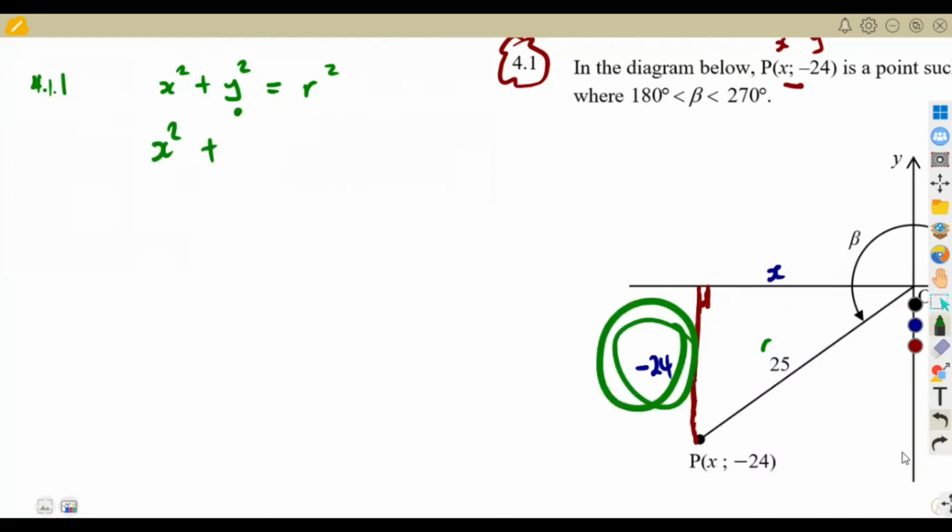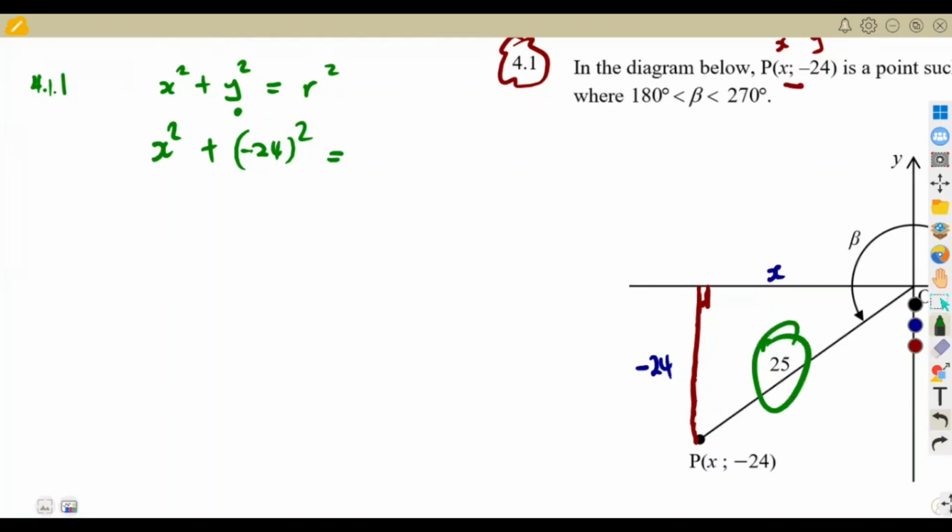The y value is the one that we have on the y-axis, which is minus 24, squared. Yes, you can write it as minus 24 squared, but you can just even write 24. The distance there is 24. The minus, like I was saying, just refers to going down. So this minus does not even affect us. So this is equal to r squared.